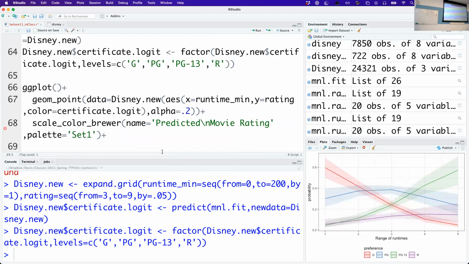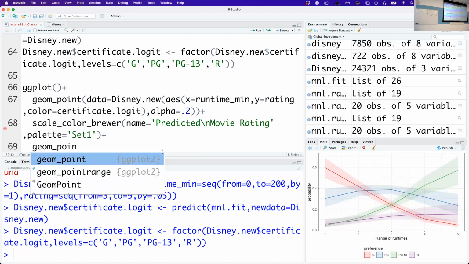The first set of points is going to be the predicted values across all these ranges of runtimes and ratings. This alpha 0.2 that I have here is a parameter that you can add into any of your geoms to make it transparent. So alpha equals 1 is the default value. It makes it totally solid. The lower alpha goes, the closer you get to 0, the more transparent it becomes. So we'll see what that looks like in just a second.